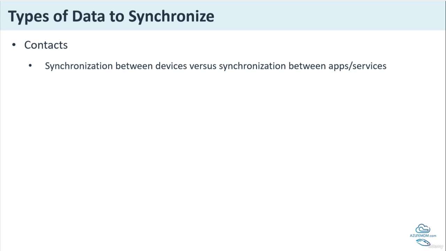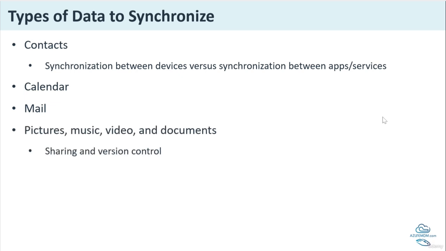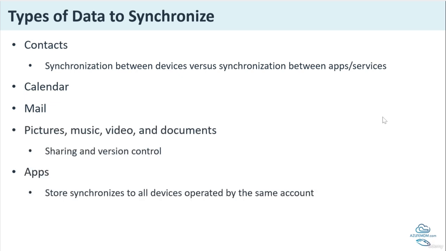So you don't have to import the data manually or with any other tool. Calendar. Mail. Similarly, you can also synchronize your calendar, your mail, your pictures, music, videos, and documents, also your applications.